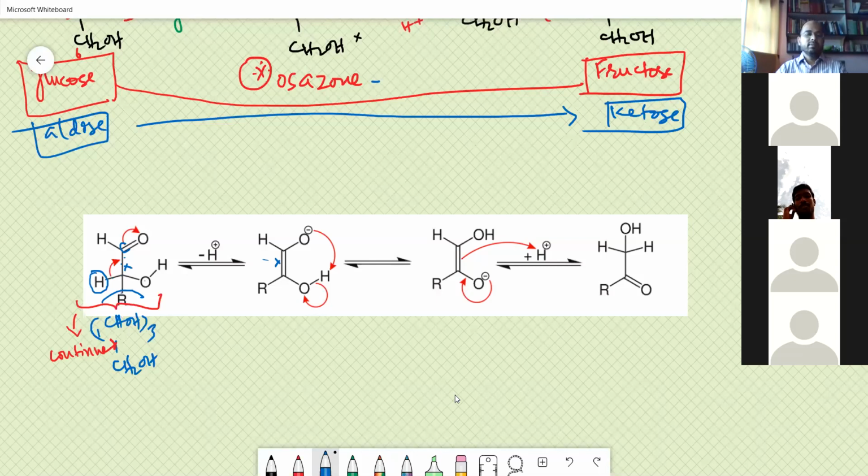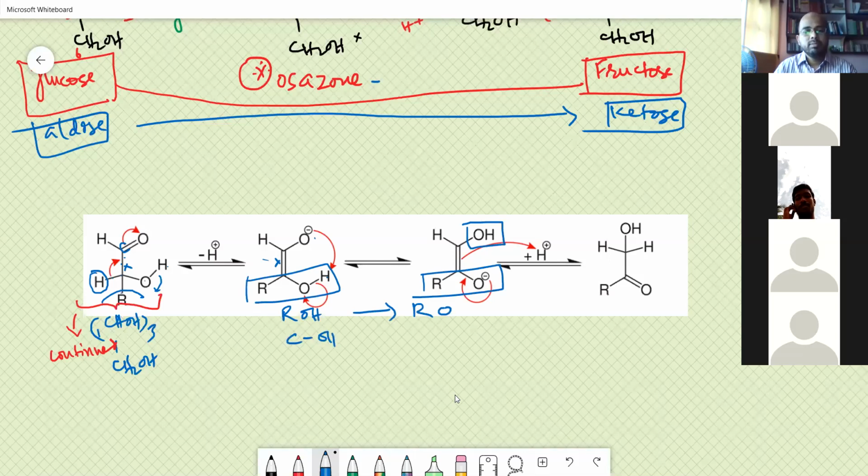So what is happening ultimately is these are all equilibrium reactions, and this H is going there, so you get OH. You get RO minus. You can just see ROH is becoming RO. That is COH is becoming C double bond O. That is, this is an alcoholic group and this is a ketonic group.